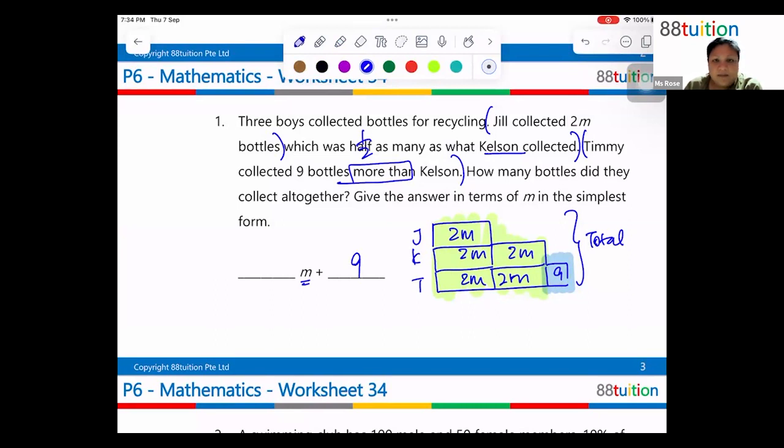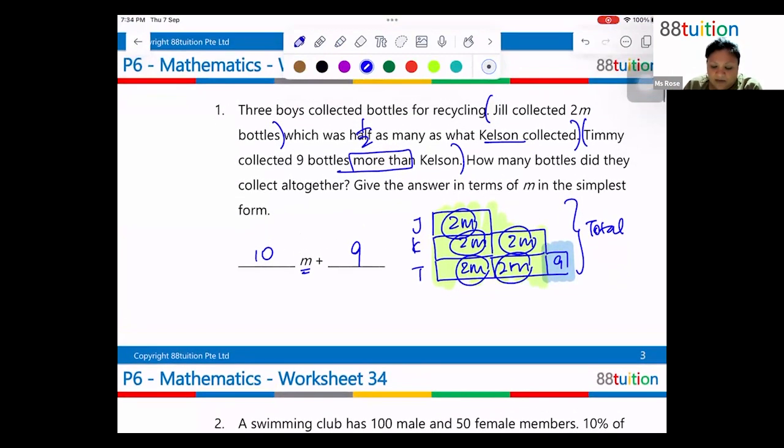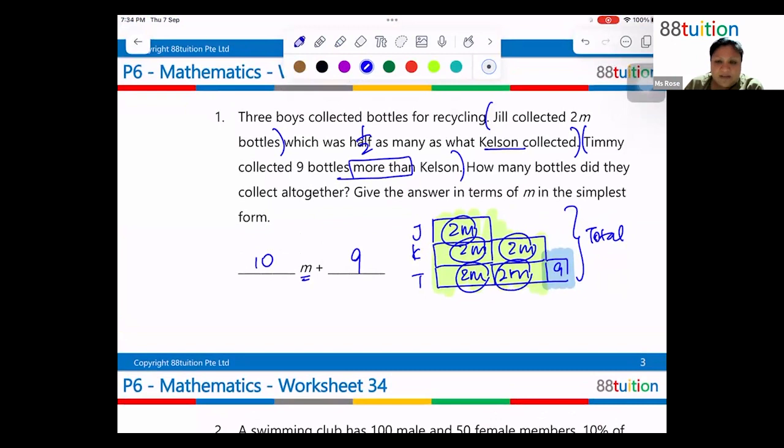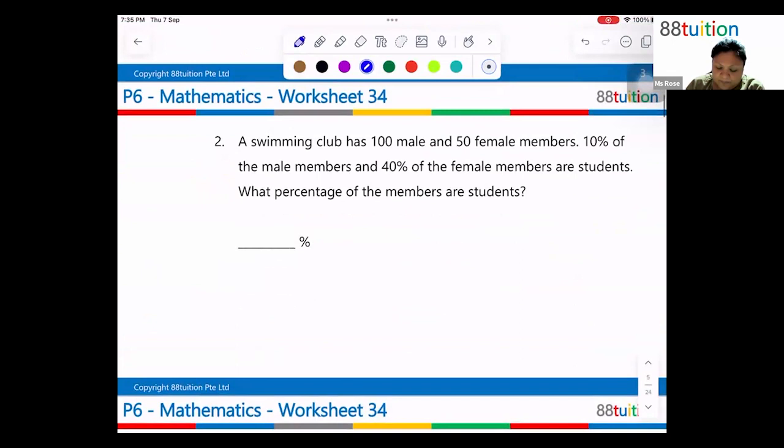Anyone? Thank you, Pranati. 2, 4, 6, 8, 10. 10 M. All right. Be very careful when you see things like this. If you're not sure, please draw the model so that you are more familiar with it. Okay, so this is your algebra question.